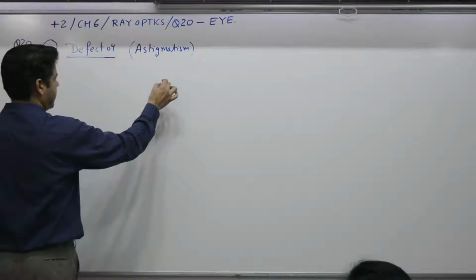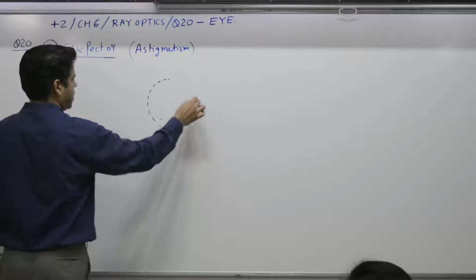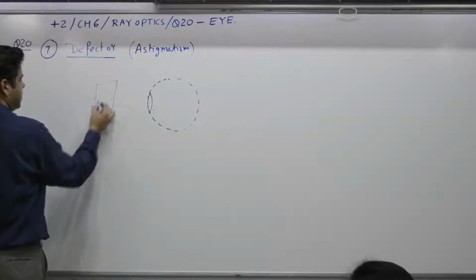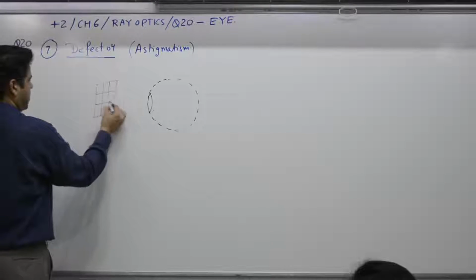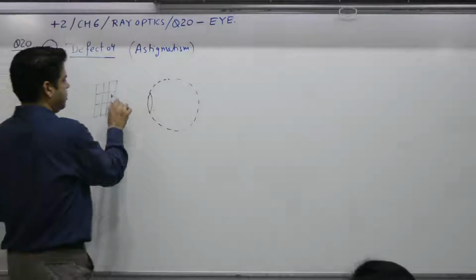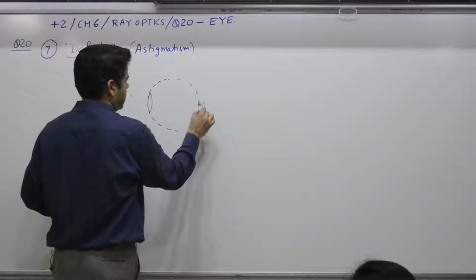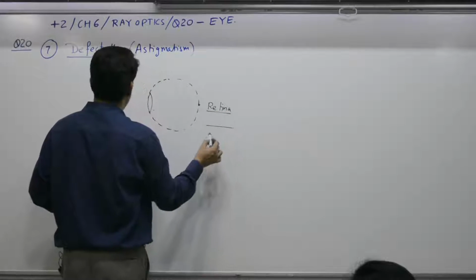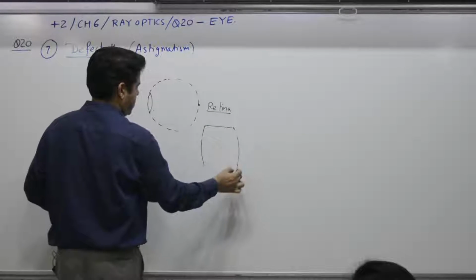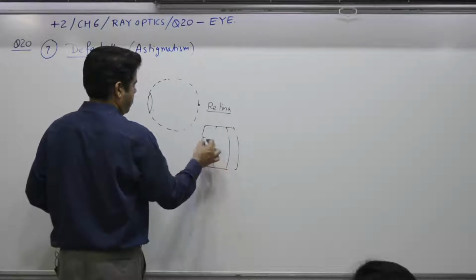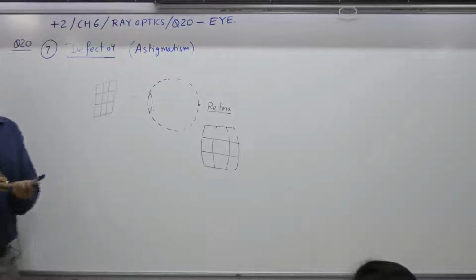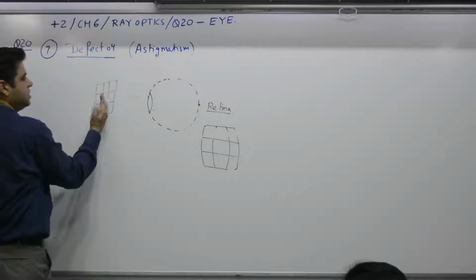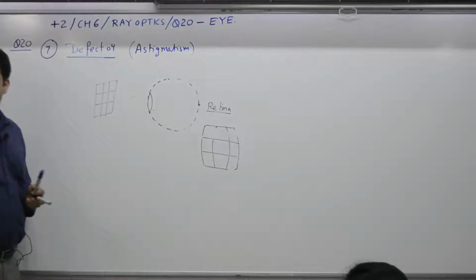So in a defective eye, if you place an object of this type, the image formed on the retina may look like this, because along this axis the focal length is different.